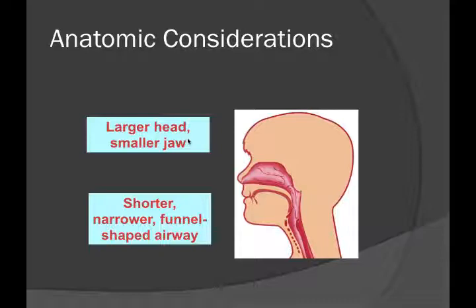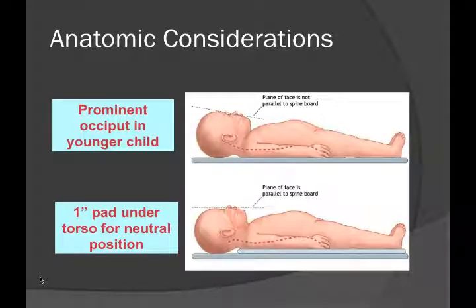Children have a larger head, smaller jaw, narrower funnel-shaped airway, softer cranium in infants and open fontanelles, and more of a dynamic cognitive development.